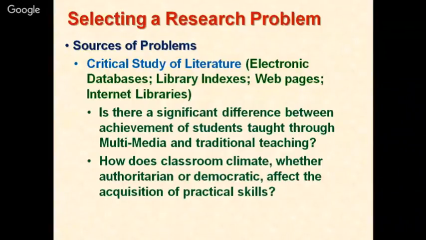You want to teach your students with the help of multimedia. Now, is there any positive effect of multimedia on achievement of students that you want to see? For this purpose, you will review the literature. What are the findings? How have they carried out this kind of research?